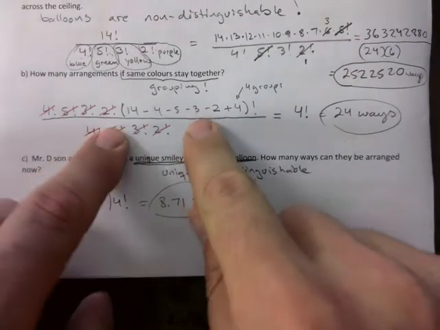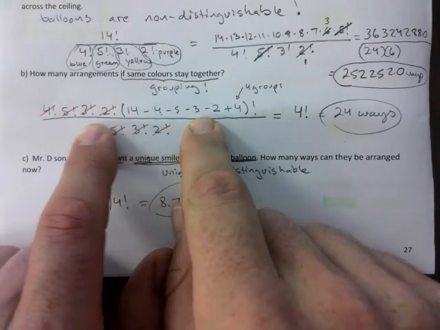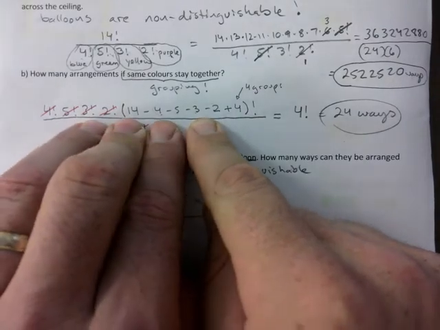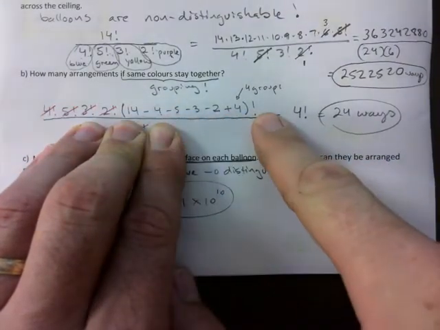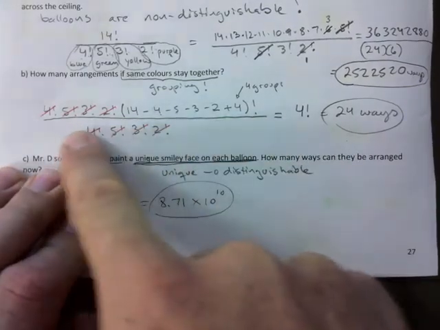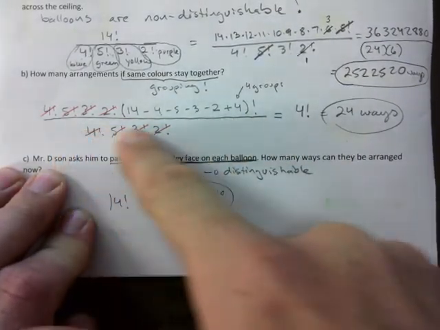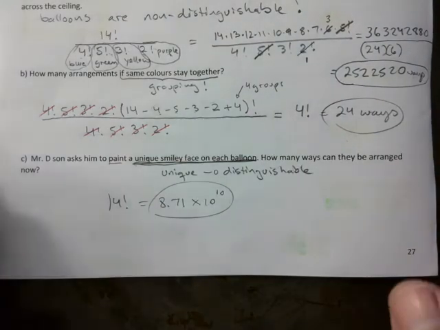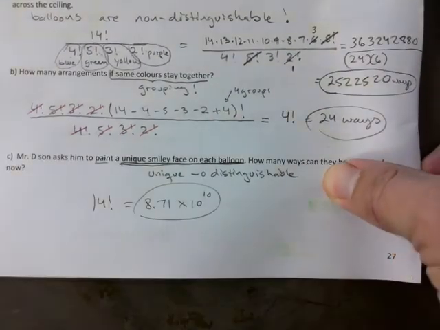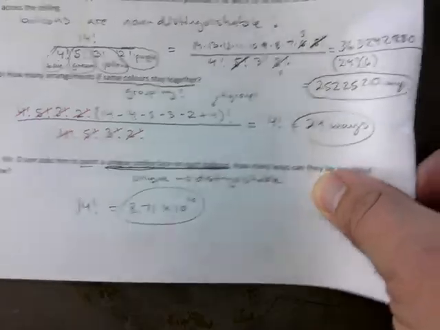Technically, if you just go up to this question, you would just not have to worry about dividing out repeated elements because they're all unique, right? So the grouping would still remain, but you would not have to worry about dividing this out. We don't have enough room to do that, so I'm just going to leave it, but I want you to be aware of that. Okay, let's move on.